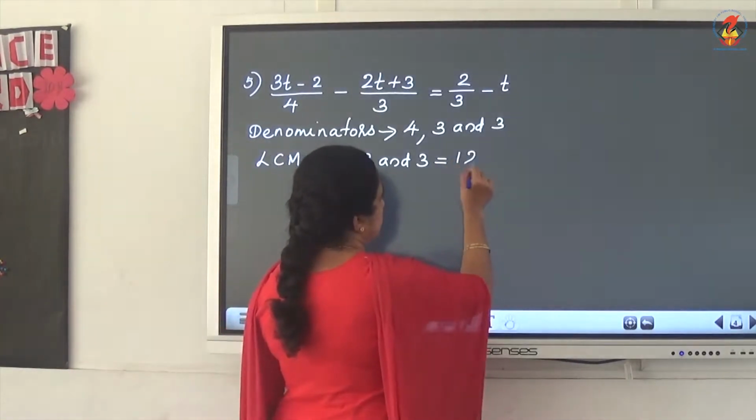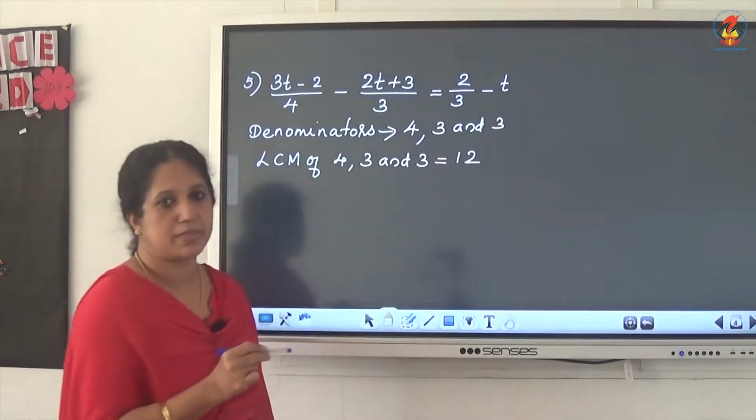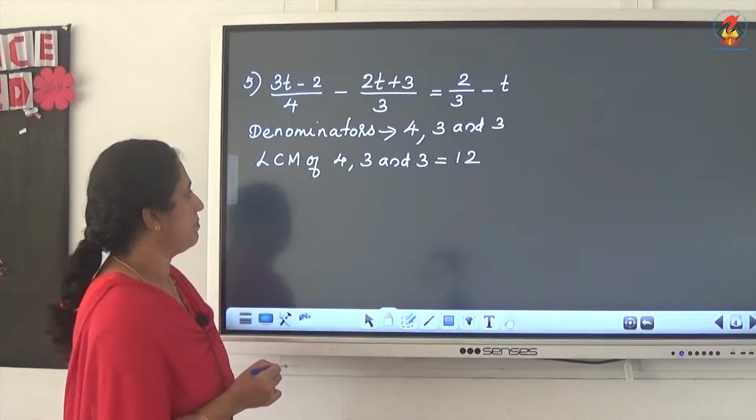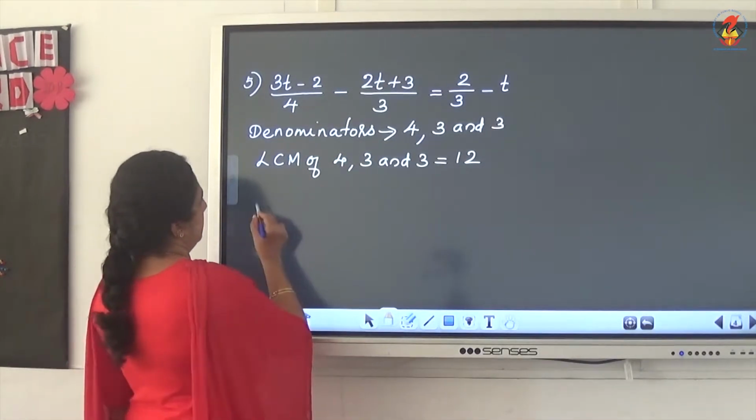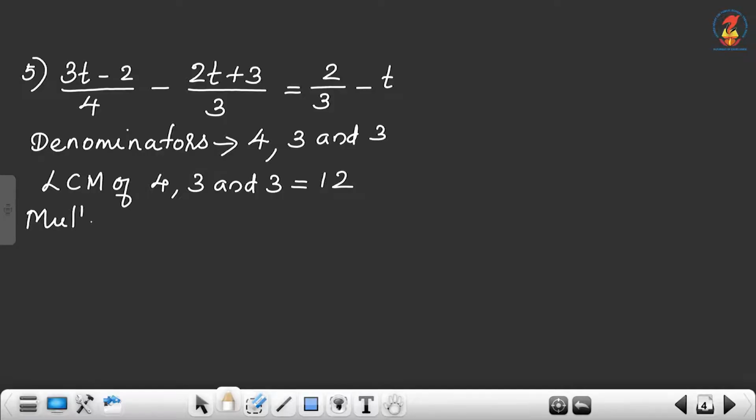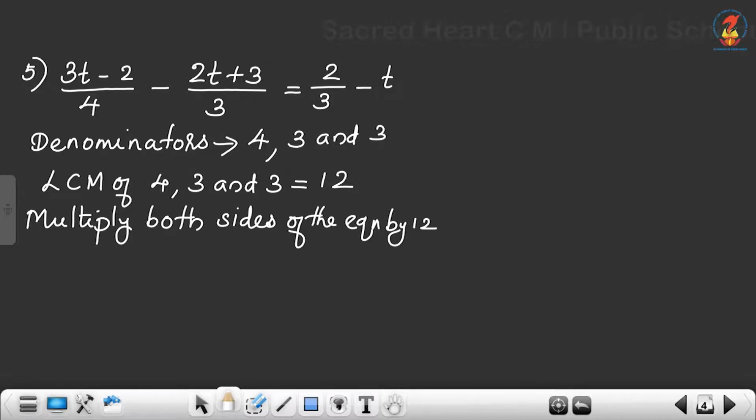If you are not getting it directly, you can use the division method and find the LCM. Then multiply both sides of the equation by 12. You have to multiply both sides of the equation by 12.